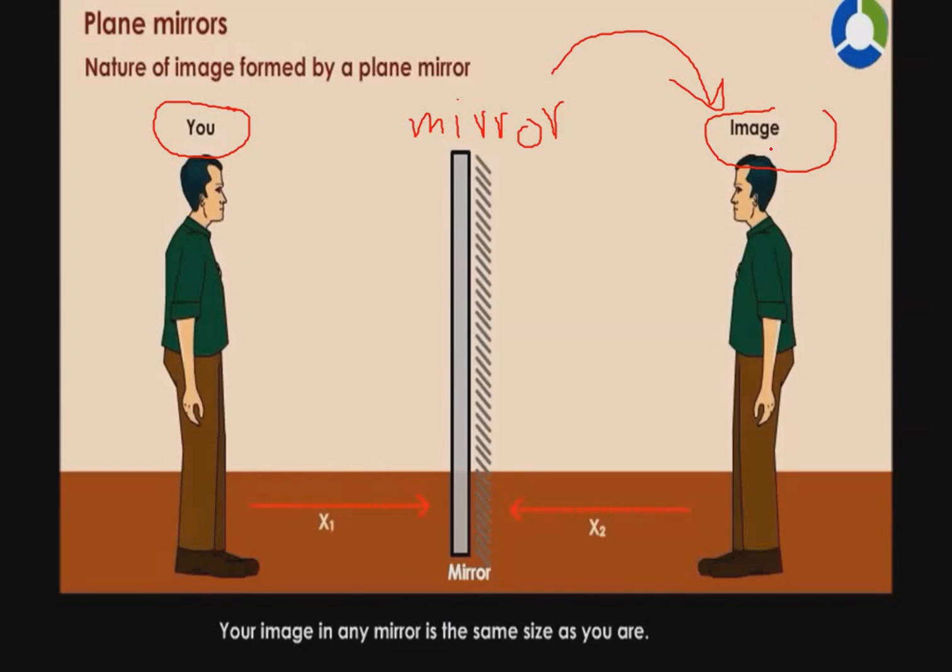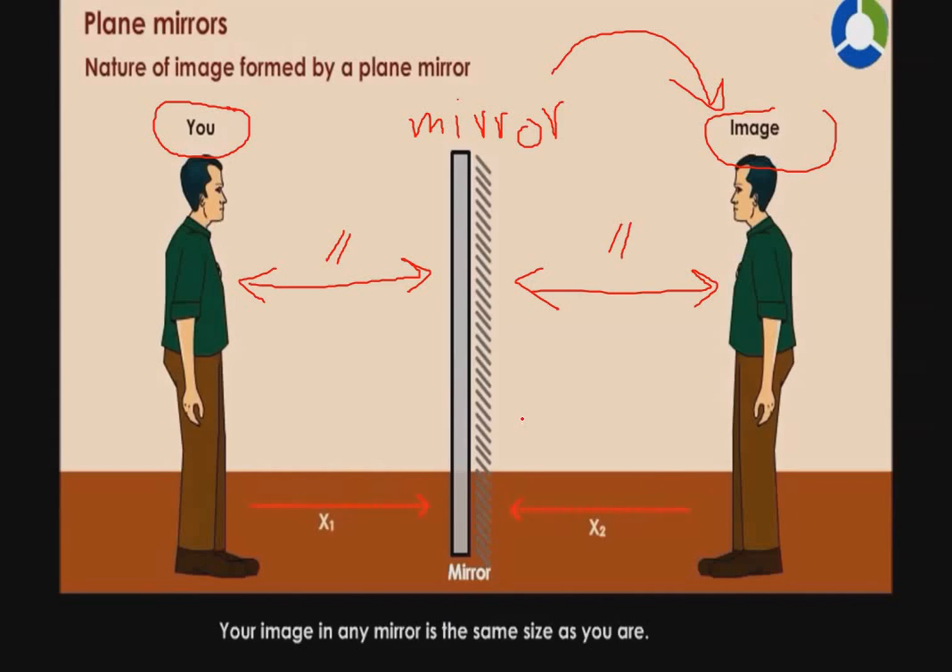So the image formed is at the same distance from the mirror as the object. This means that the distance between your body and the mirror equals the distance between your image and the mirror.